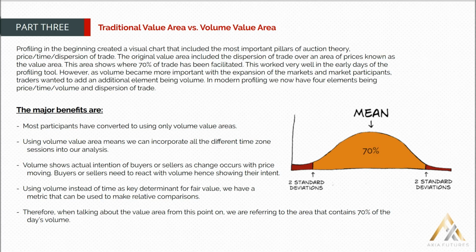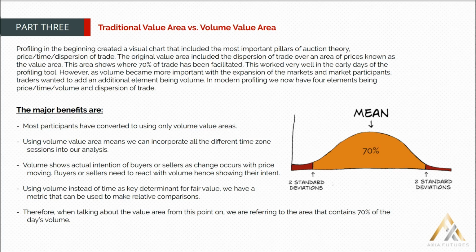So, briefly, profiling in the beginning, when it was first created as a visual chart, included the most important pillars of auction theory. These were price, time, and dispersion of trade. The original value area included the dispersion of trade over an area of prices known as the value area. This area shows where 70% of trade has been facilitated.